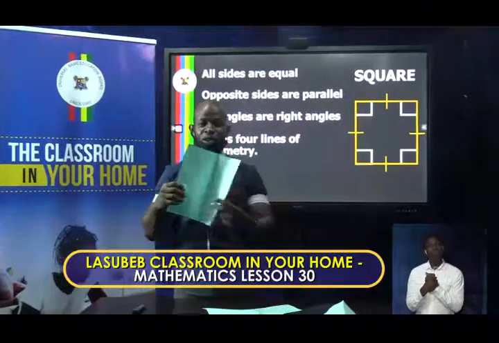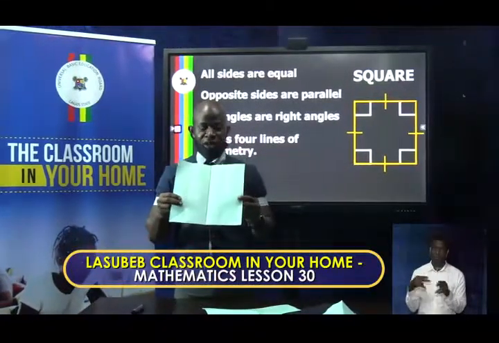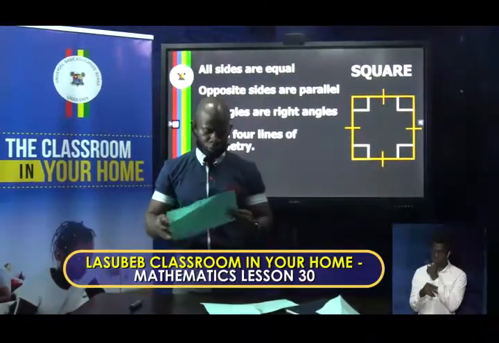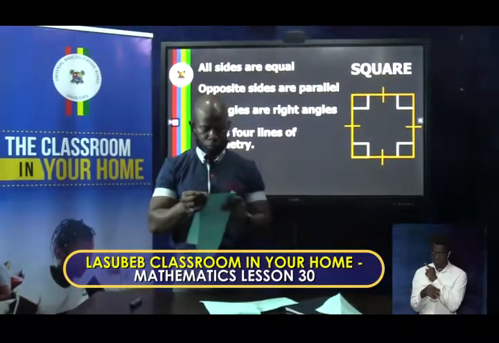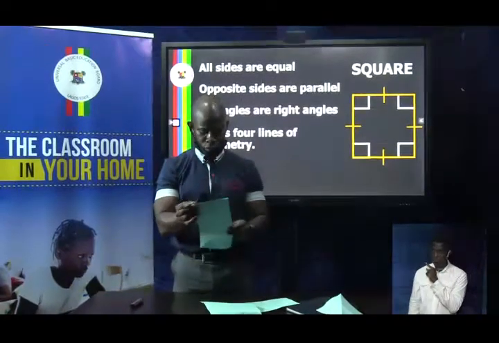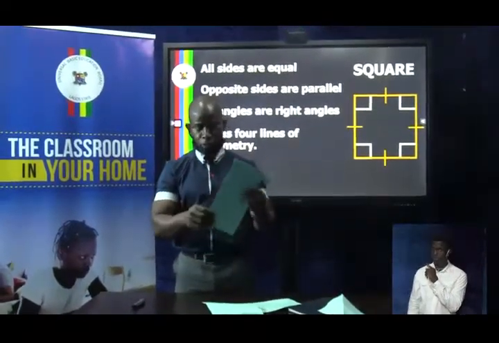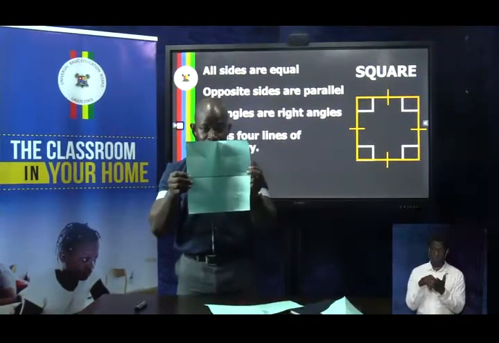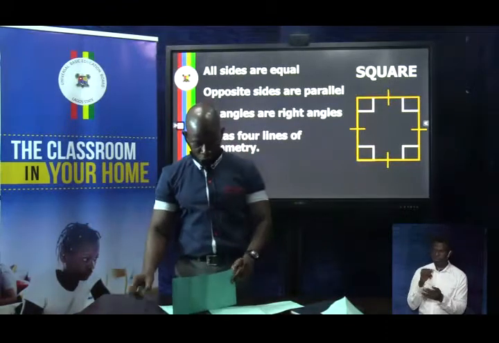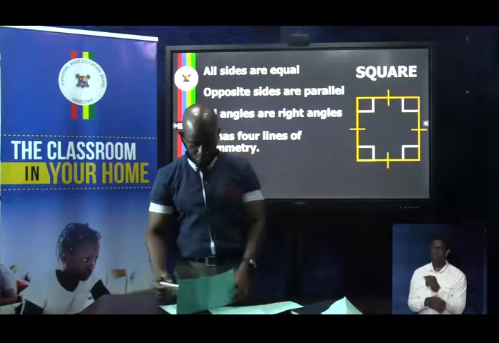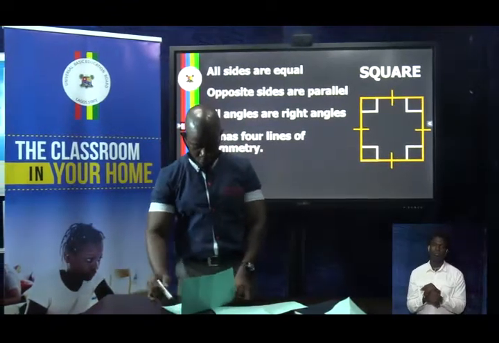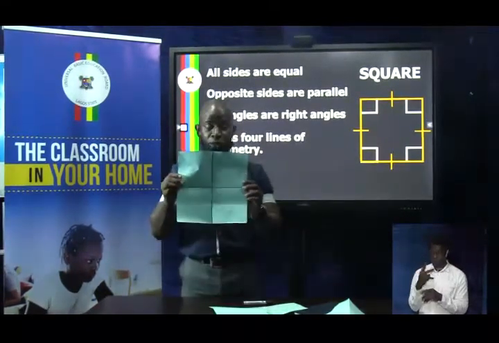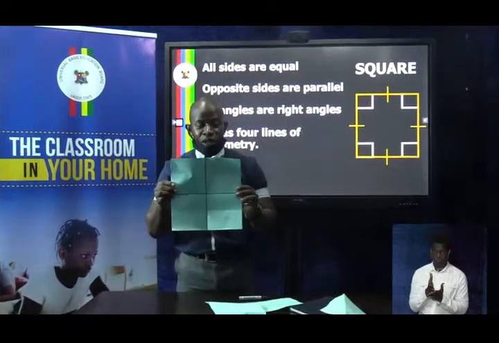Let me just draw that for you. Okay, so now let's find another line of symmetry. I'll fold it along this side. Yes, no overlap, no overlap. So this line is also a line of symmetry. So let me just draw that for you. Okay, so see, very straight. So where are the remaining 2 lines of symmetry?